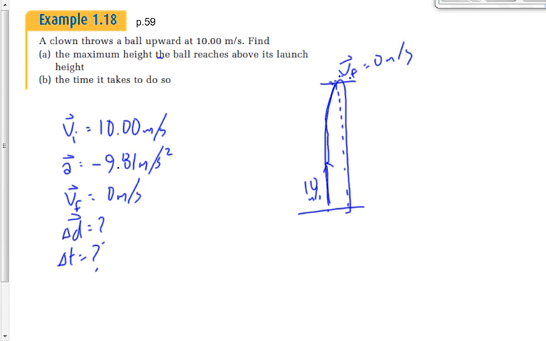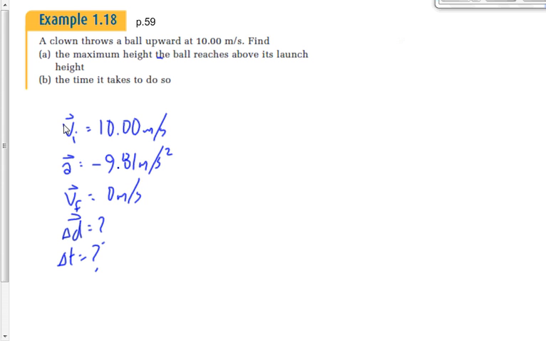Good question. If you didn't hear that, why wouldn't VI be 0? That's a good question. When it's in his hand, just sitting there, it's not moving. Then when he throws it, obviously it's moving at 10 meters per second. But that's after he throws it, right? Why wouldn't VI be 0 as it's sitting in his hand?